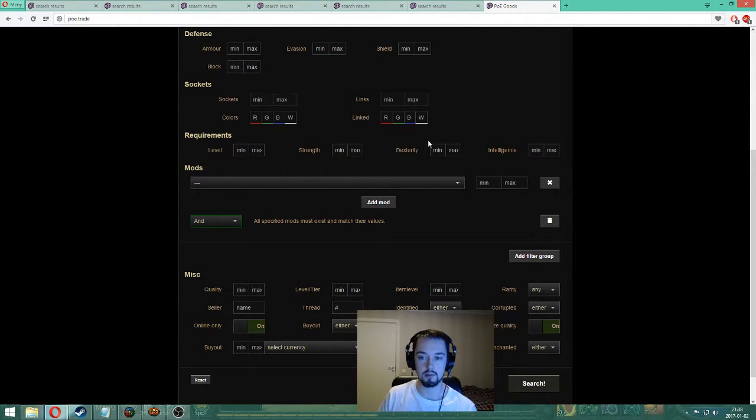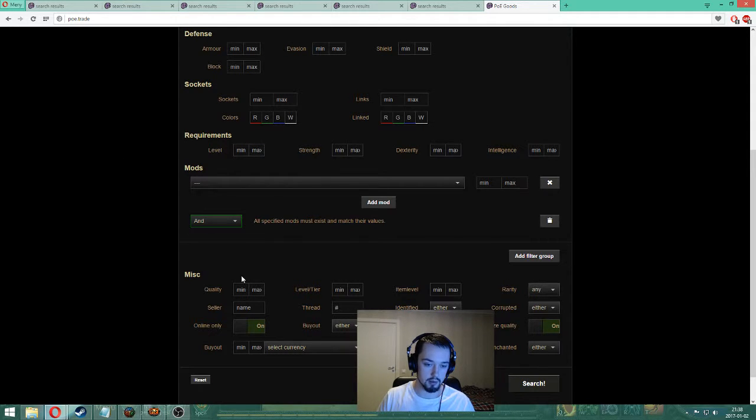You can make sure something has stat requirements that you can match. So maybe you only have like 19 strength, so you only want to find items that have maximum 19 strength. Or you just entered Merciless and need a new pair of gloves, so you put maximum level 55.